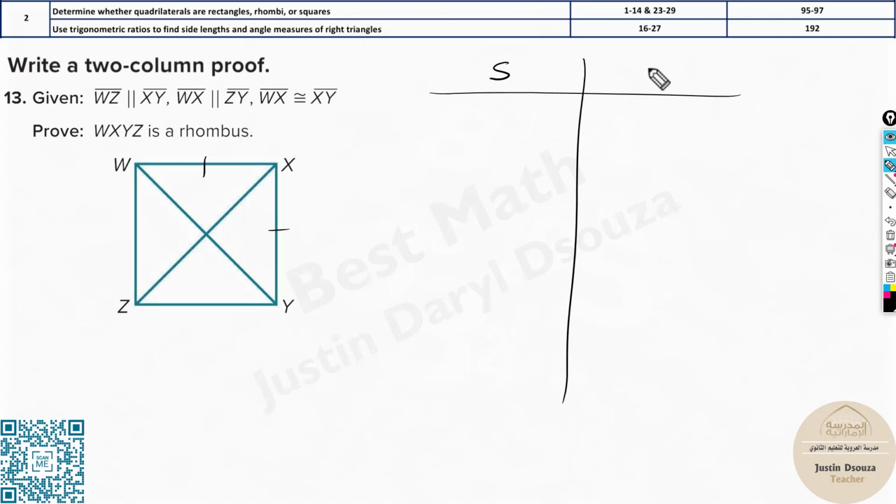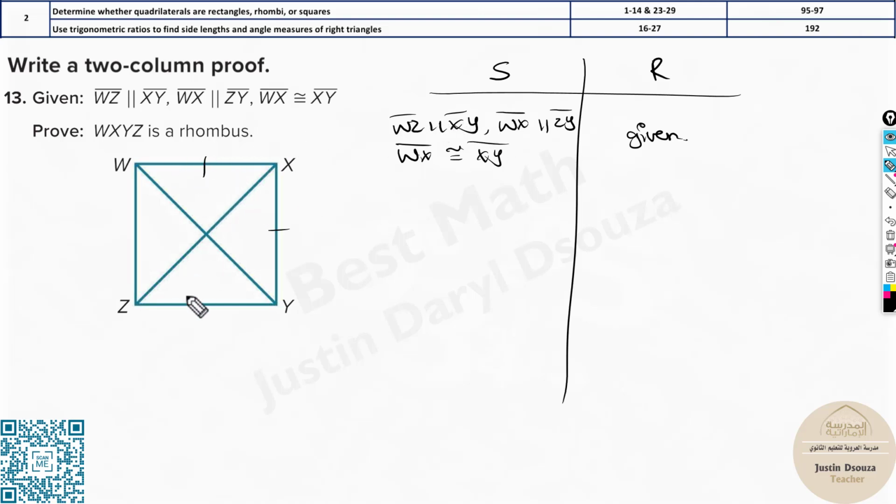Now, statement, reason. Okay, SR. Now here, what all do we know? WZ is parallel to XY, comma, WX parallel to ZY, and WX is congruent to XY. This is given. That's the first statement. The next one, look, the opposite sides are all parallel.